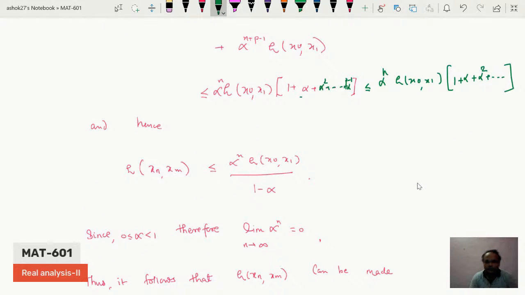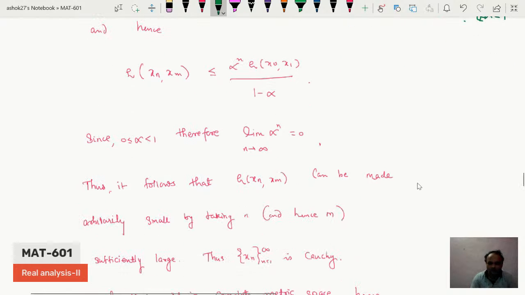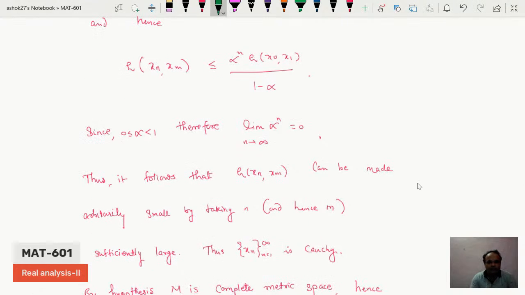It is a geometric series. Since alpha is strictly less than 1 and greater than or equal to 0, this bracket, the summation of alpha^n, is a geometric series, and using the convergence of the geometric series, the value of this summation will be 1 upon 1 minus alpha. So rho of xn and xm is less than or equal to alpha^n rho(x0,x1) divided by 1 minus alpha.